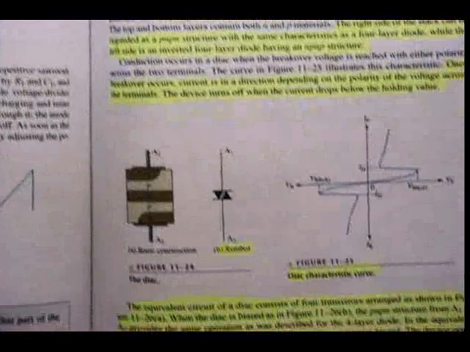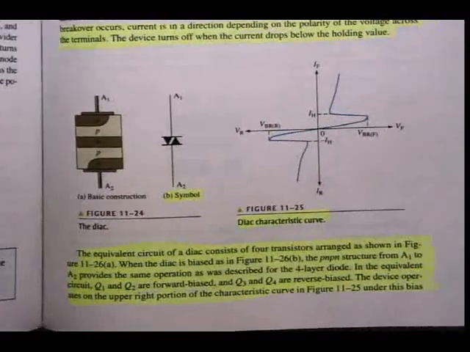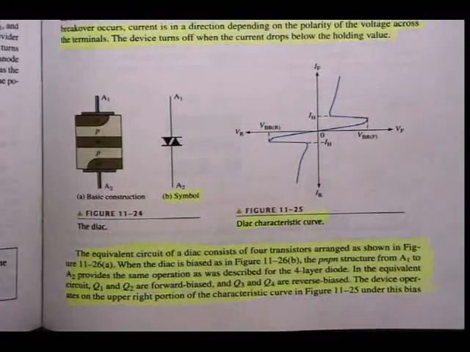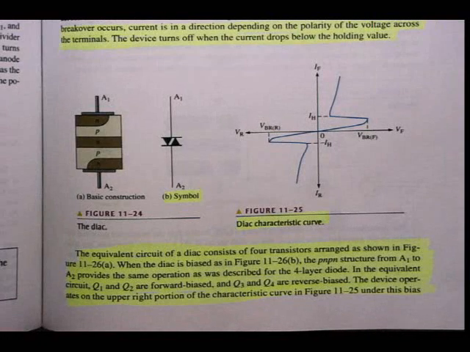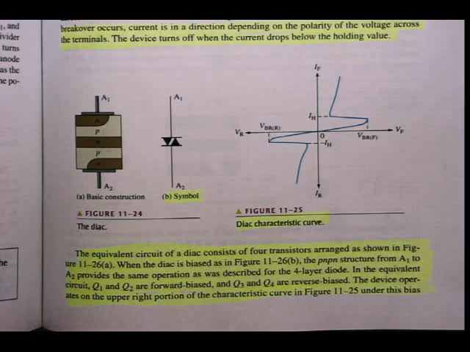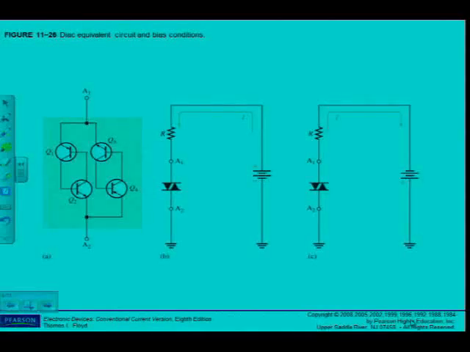The equivalent circuit, remember we've discussed the equivalent circuit in the other devices as well, consists of 4 transistors arranged as shown in figure 11-26A. There they are. And we can see there that when the diode is biased as in 11-26B, the PNPN structure from A1 to A2 provides the same operation as was described for the 4-layer diode.